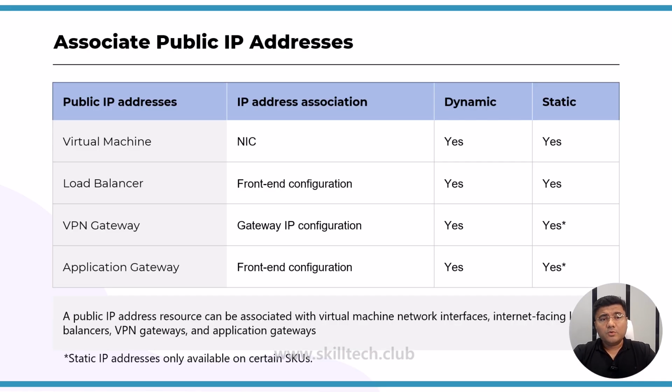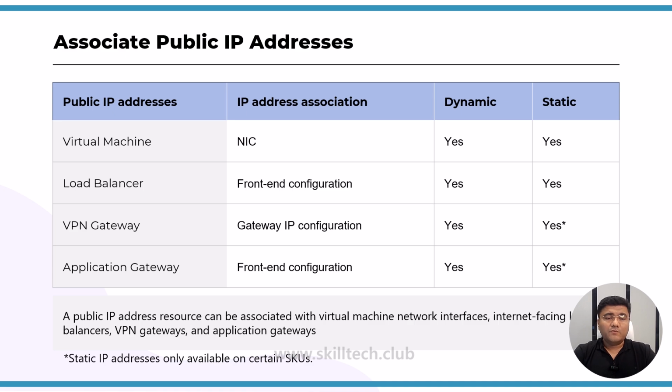This slide shows public IP address configurations, whether the IP address association will be dynamic or static. As you can see here, for virtual machines and load balancers, we can configure IP address association with the network interface card or the front-end configuration, in which we can use both dynamic and static.